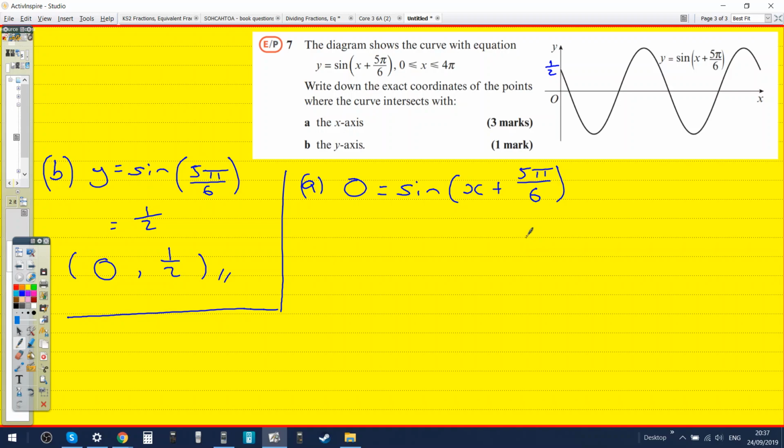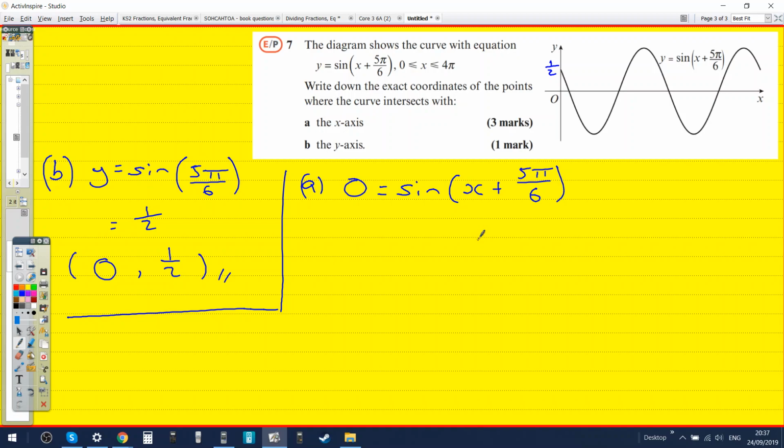Sine of x plus 5 pi over 6. What do you do here? How would you go about doing this one? Same as any other. How did you do it before? Use the calculator. I'm not too sure.